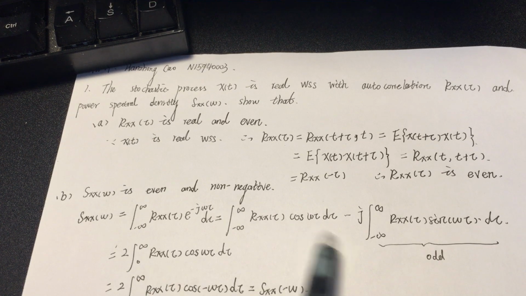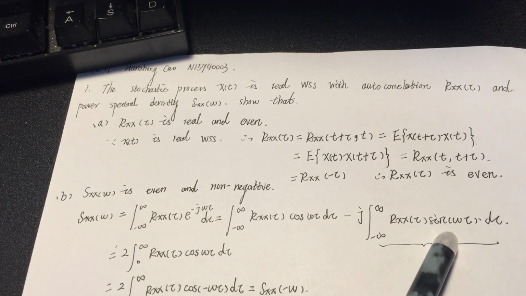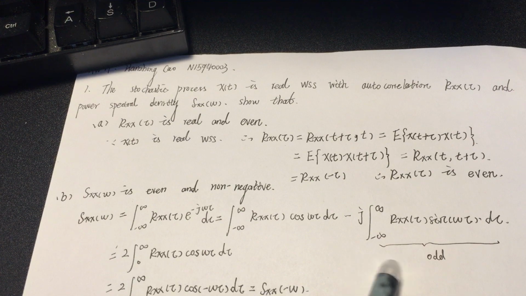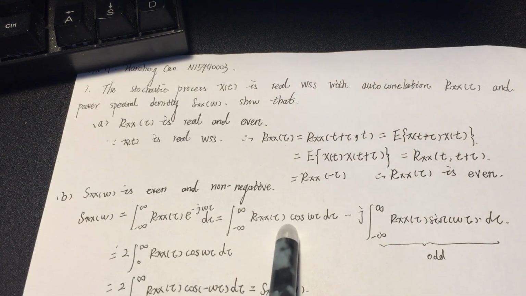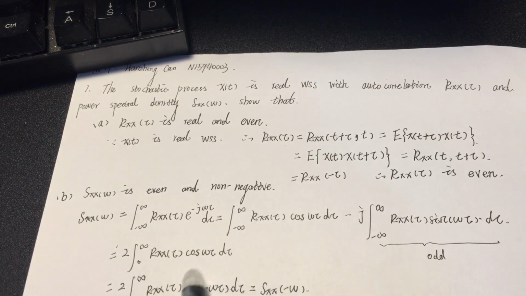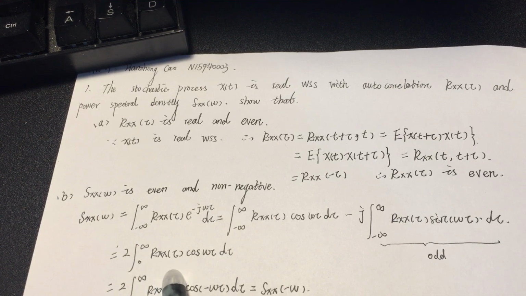For the second part, we know that sine omega tau is an odd function, so its integral from minus infinity to infinity equals 0. And we know that cosine omega tau is an even function. So the above equation equals 2 multiplied by the integral from 0 to infinity of Rxx(tau) multiplied by cosine omega tau.